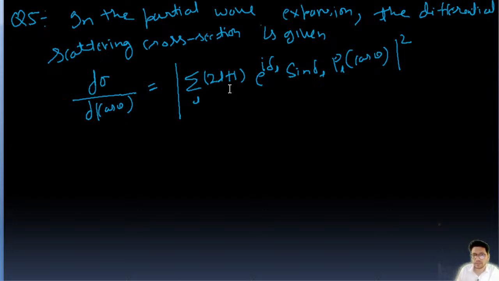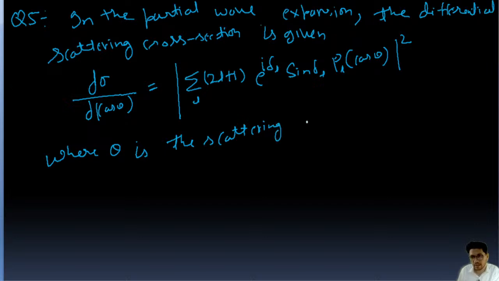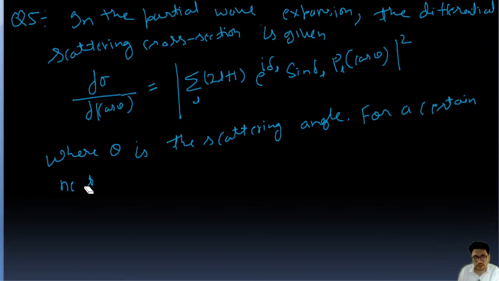Okay, this is given, where theta is the scattering angle for a certain neutron nucleus scattering.